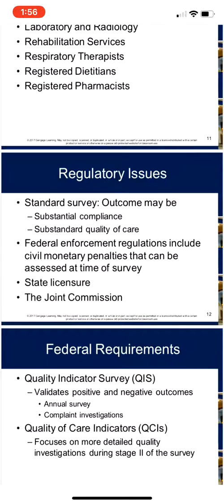Substandard quality of care means that surveyors find one or more deficiencies that constitute either immediate jeopardy to the resident health or safety, a pattern of widespread actual harm that is not immediate jeopardy, or a widespread potential for more than minimal harm but less than immediate jeopardy with no actual harm.